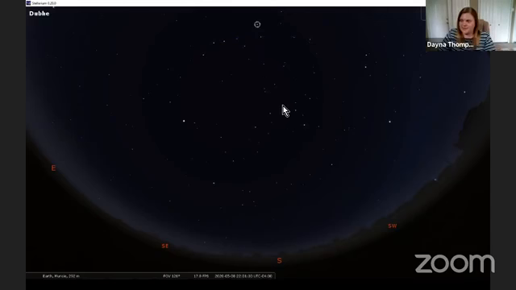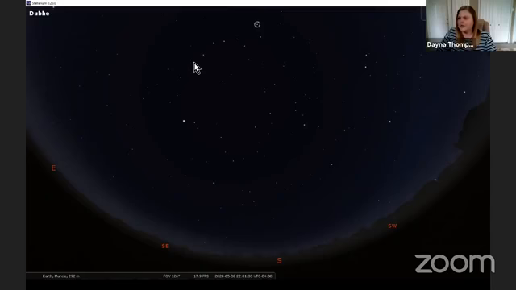So if you can find the Big Dipper, you can use the handle here, this arc shape here of the Big Dipper, to help you find another star in the sky. Does anyone know what the handle leads to if you kind of follow it along its path here and extend it down?